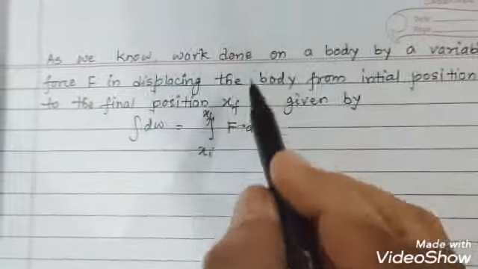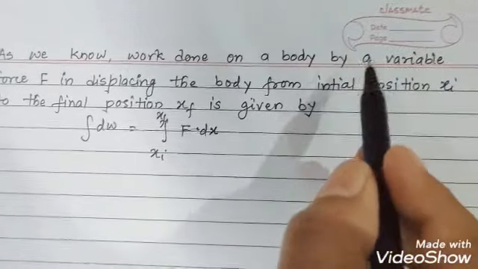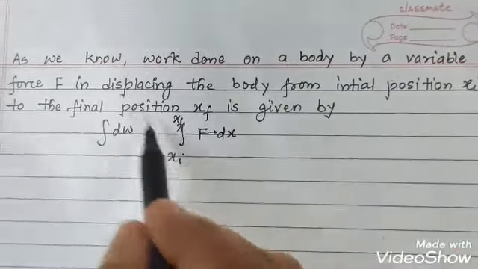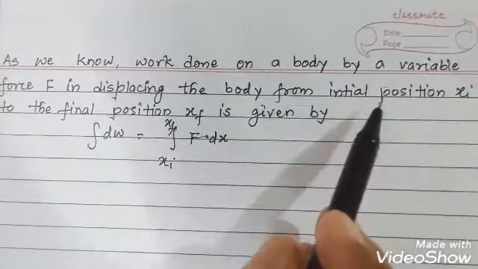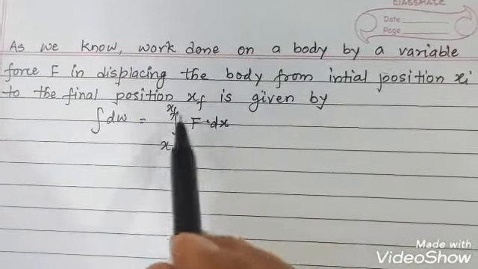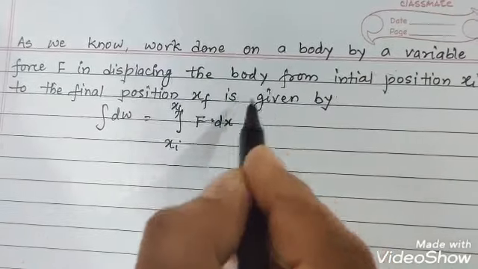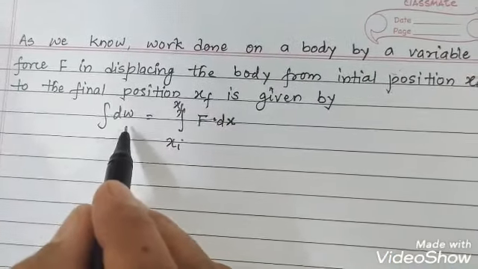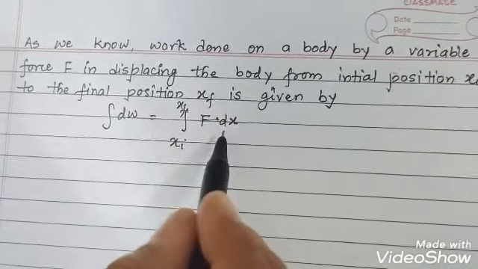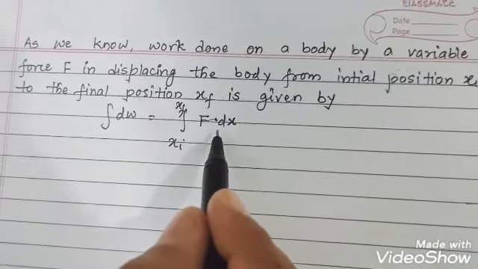So as we know, the work done on a body by a variable force F in displacing the body from the initial position xi to the final position xf is given by the following formula. dW is the work done to displace the body a small distance dx.